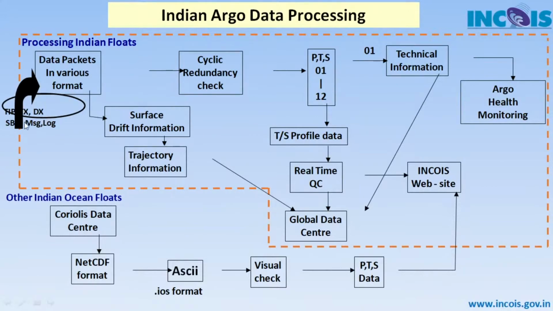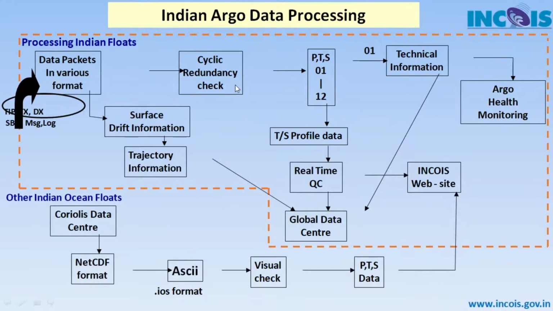So we get data in various formats. We call them TX formats, DX formats, and short burst data message formats from Iridium floats. We get the surface drift information based on the position fixed by the satellites, which we use for creating the trajectory information, and we immediately do a cyclic redundancy check to see if there is any corruption in the packets.